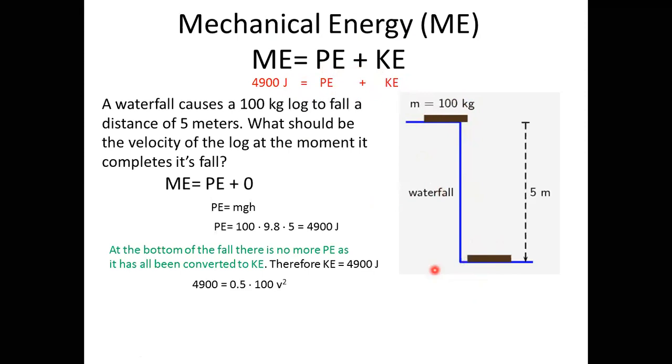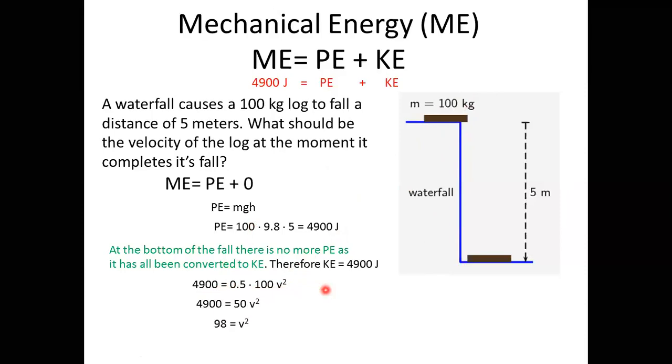So we can substitute in for the formula of kinetic energy. Kinetic energy equals 0.5 mv squared. So the total amount of kinetic energy, 4,900, is equal to 0.5 times 100 v squared, right? 100 because the mass of the log is 100, v squared because velocity is part of the formula for kinetic energy. We multiply 0.5 times 100.